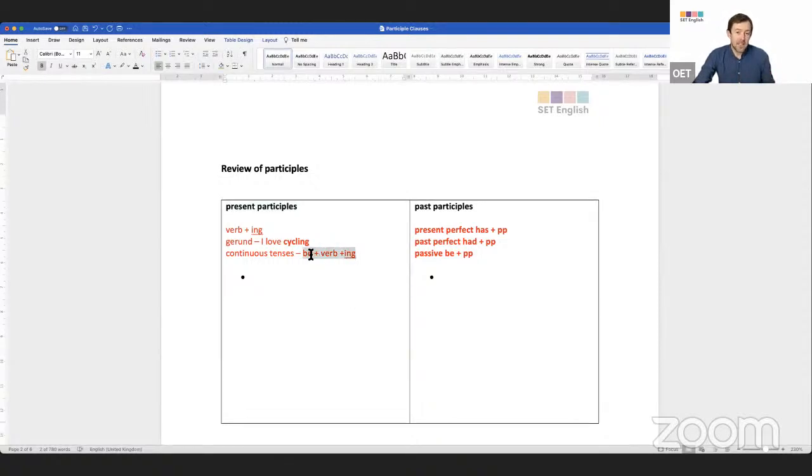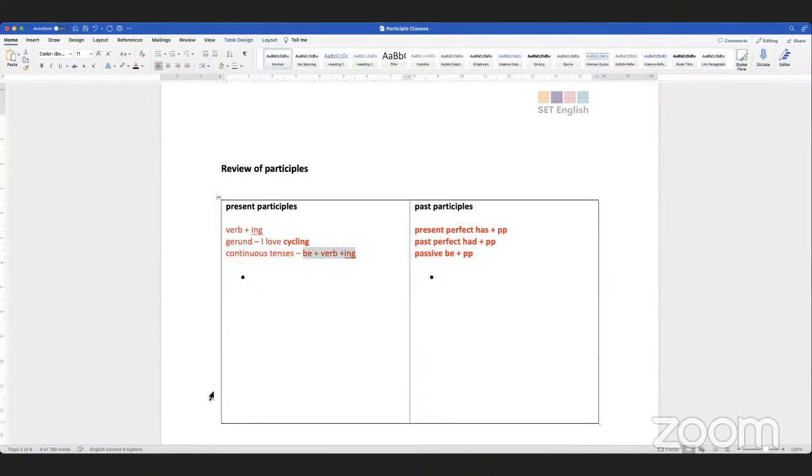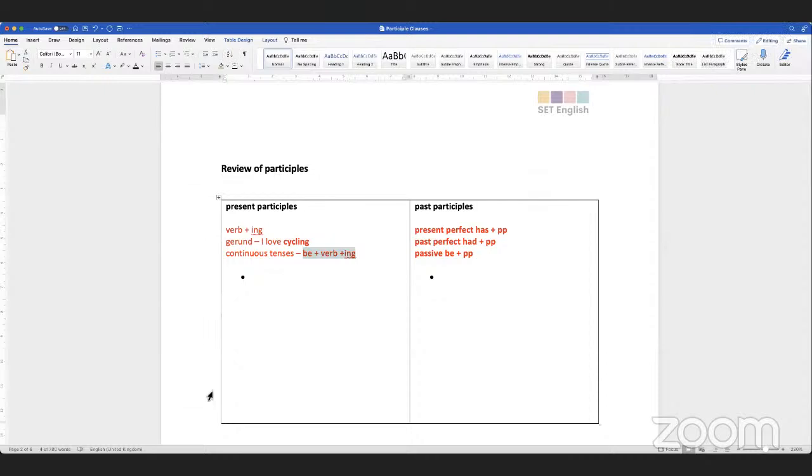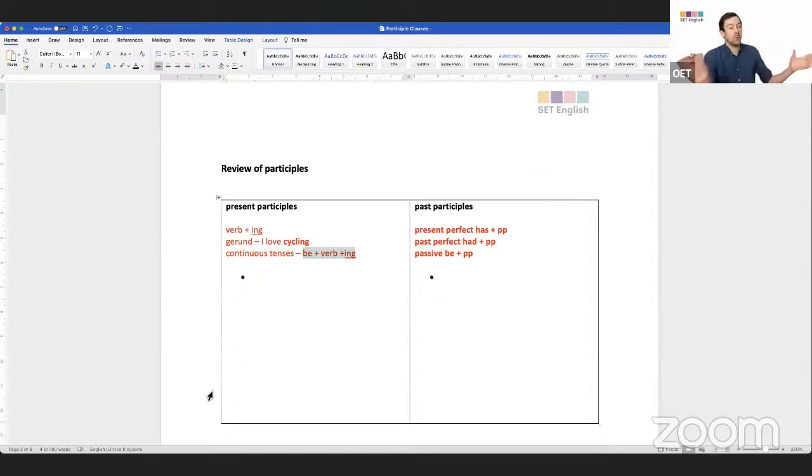We use them in continuous tenses. So how many continuous tenses are there? Three. Present continuous, past continuous, present perfect continuous, past perfect continuous, future continuous. Okay, so there's lots of different ways.